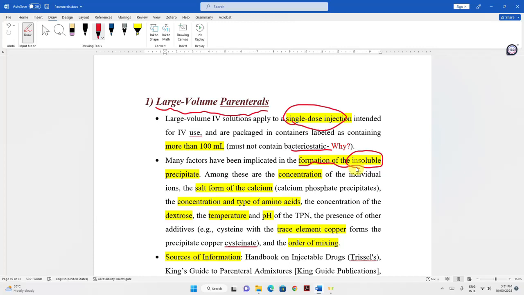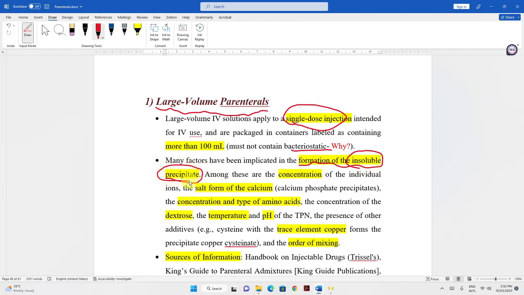And because we like to utilize the infusion bag to put more drugs and to put more materials, usually we like to do that. That's why there is this possibility of precipitate forming.